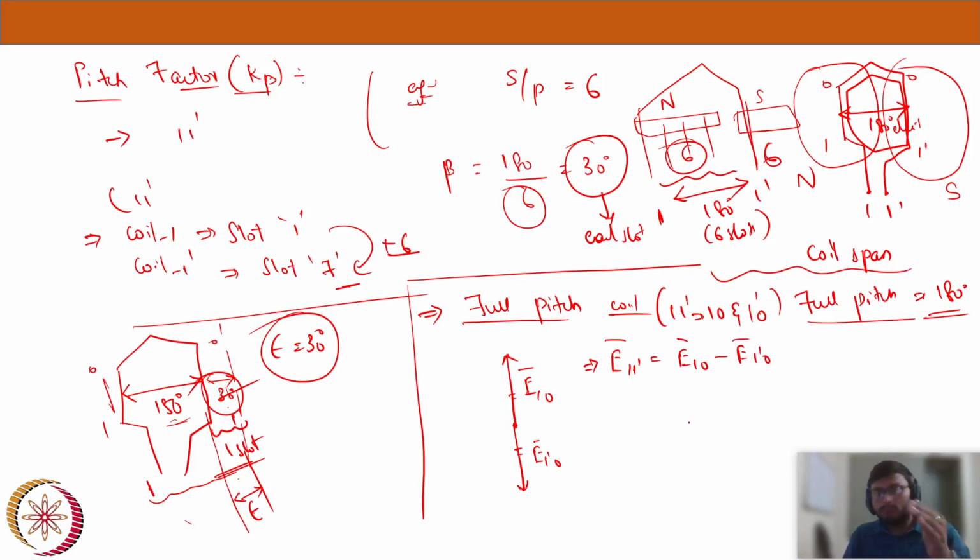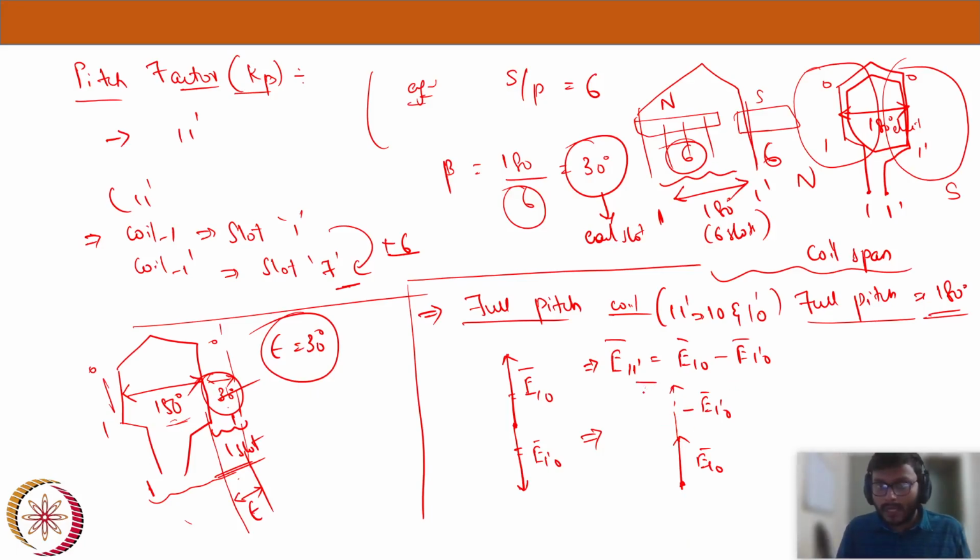I take the mirror image of this, that is the negative sign. Since it is 1 dash 0, it is negative, so I have taken the negative sign.